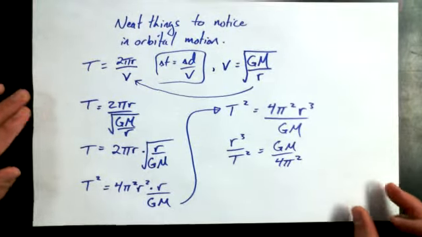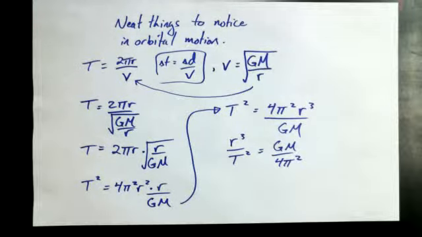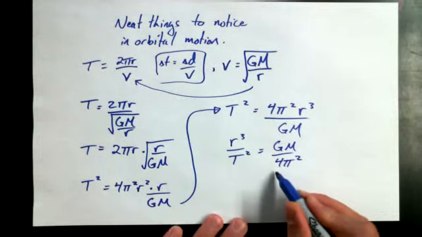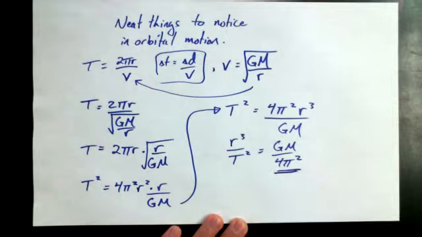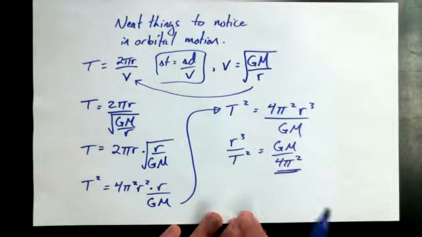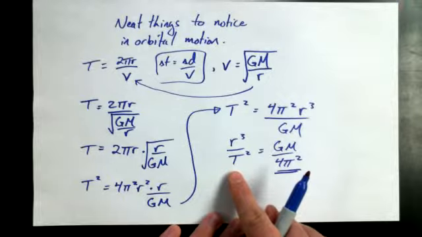Now what I want you to notice, and this is what is kind of neat, for a given planet, does this side of the equal sign ever change? It's just got the mass of the planet built into it, doesn't it? So for every planet, isn't that value always going to be the same value? Regardless of what orbiting body we're talking about? So let's say that we're talking about Mars.